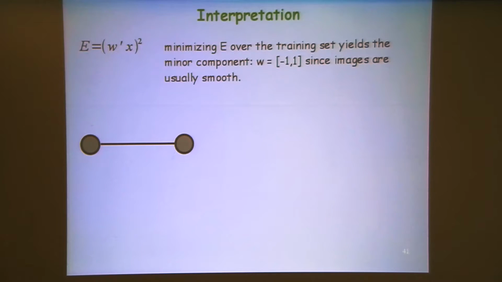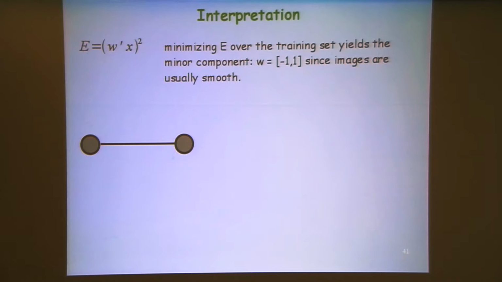So let's look at another interpretation. Now, let's assume that we have only one filter, and that the energy function is this one. If we want to minimize the energy function over our training set, subject to a constraint on the norm of W, then what we would discover is the minor component.